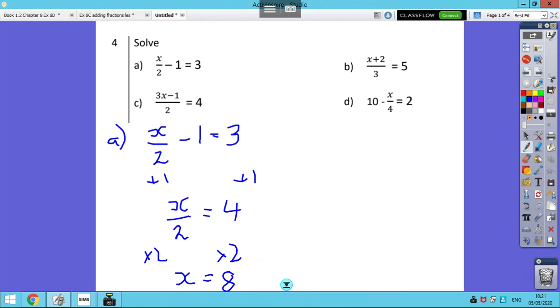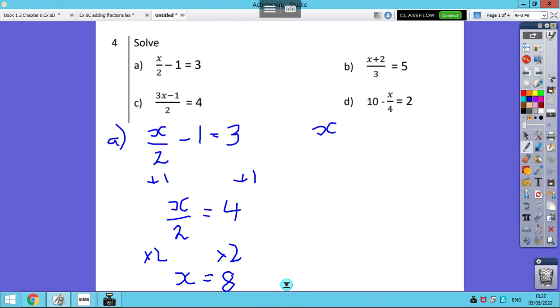Now, part B looks very different because the whole thing is divided by 3, not just x. So that means the last thing that was done to that equation was divided by 3. So x was added 2, then divided by 3 to get 5. So on the way back, you've got to multiply by 3 and then take away 2.